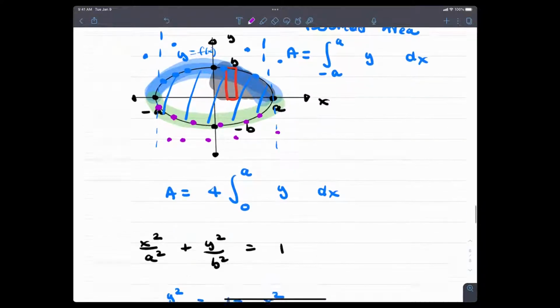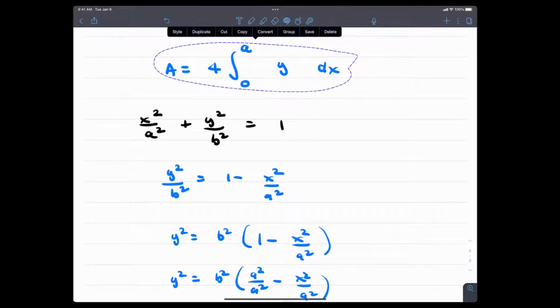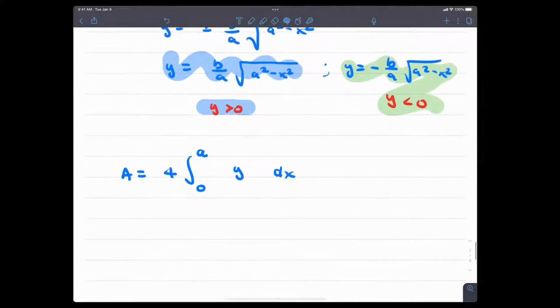Anyway, here's the idea. What you can now do here is integrate this. This is the y we're talking about. Area under the curve.